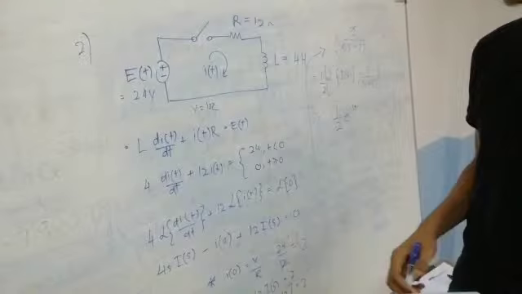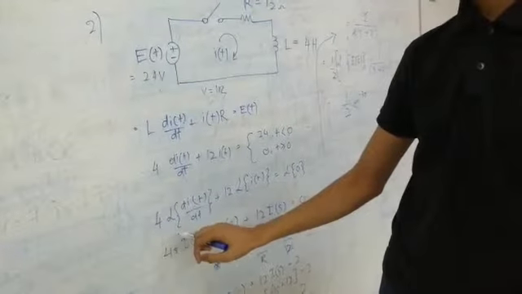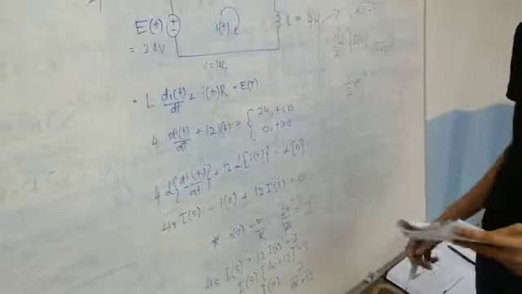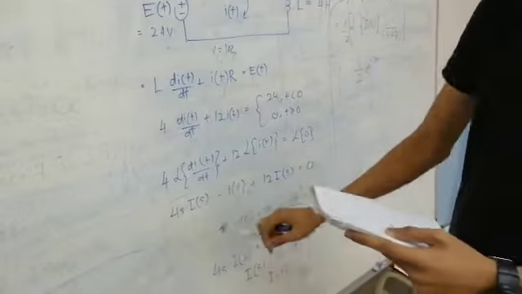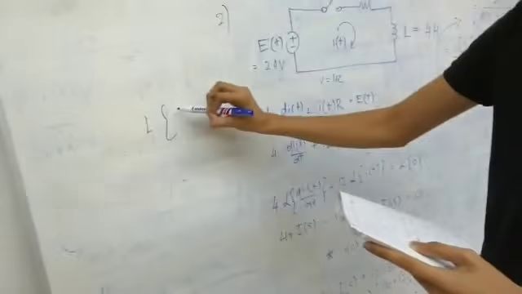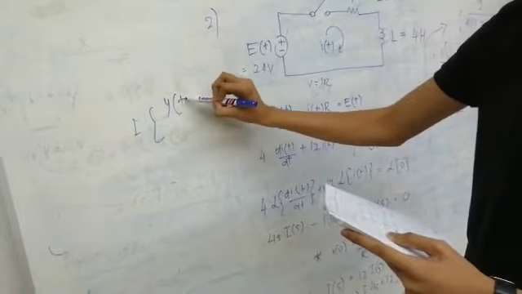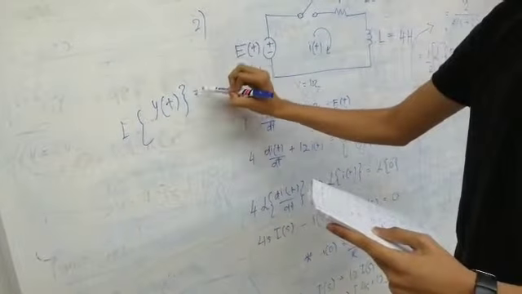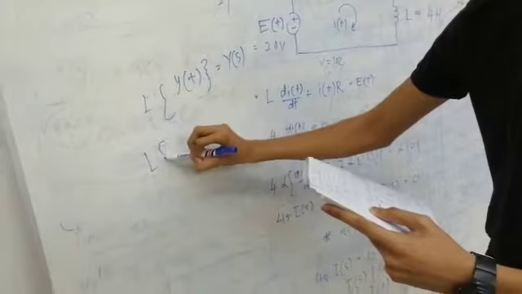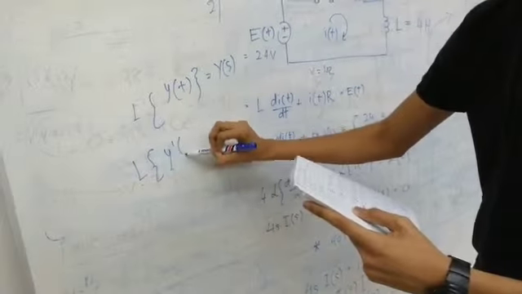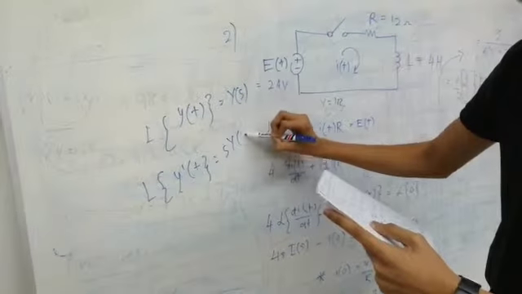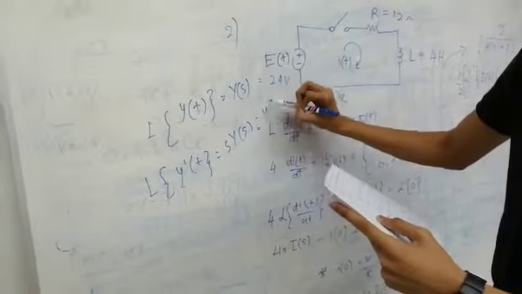So we transform it to the Laplace transformation. And we all know here the derivative of the Laplace transformation, y equals ys. But if y got a differentiation, it becomes minus y of 0.